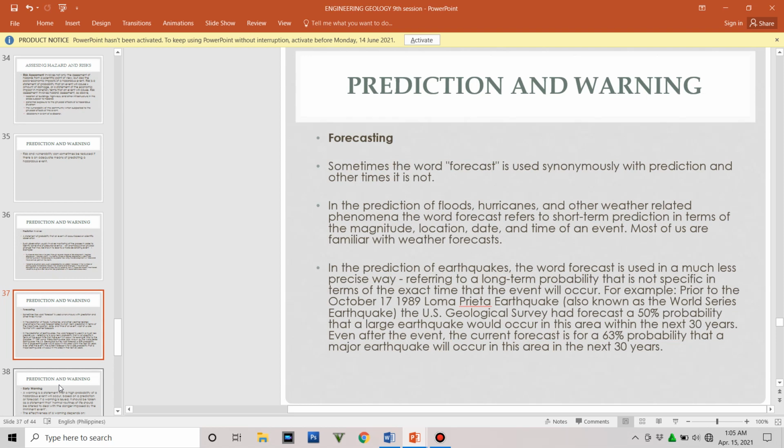So, hindi mo alam kung 20th year ba, sa 10th year ba mag-occur yun, and the chance is 50% lang. Even after the event, the current forecast is for a 63% probability that a major earthquake will occur in this area in the next 3 years. So, these are the examples.